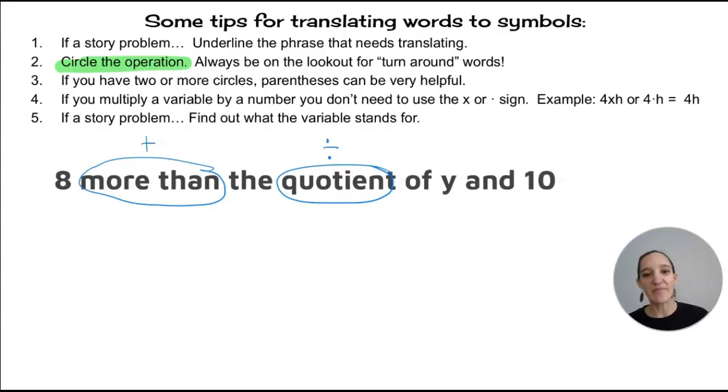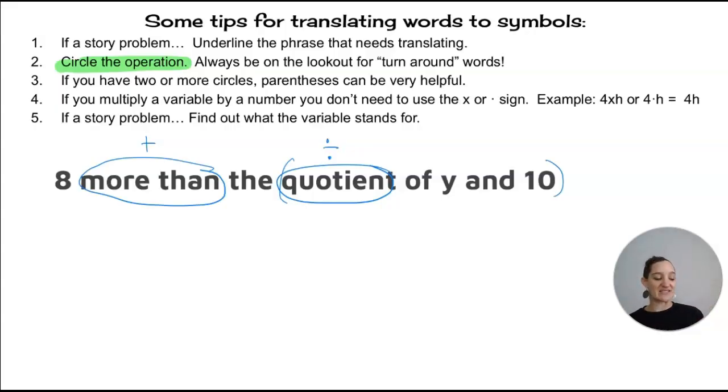If we have two or more circles, parentheses are going to be helpful to us. We want to find the quotient of y and 10, so the quotient part is put together. We want 8 more than what? Well, 8 more than the quotient. So the quotient goes together and then we want 8 more than that.